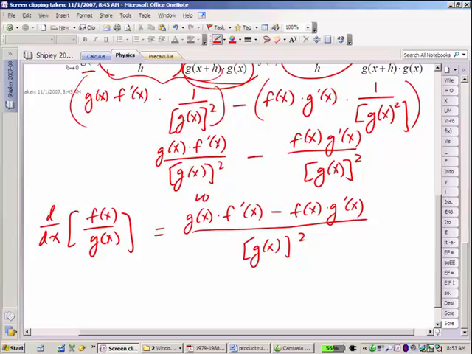It's low d high. What do we mean by d? Derivative. High, minus high d low, all over low squared. So if you need to memorize this trick, it's low d high minus high d low all over low squared.